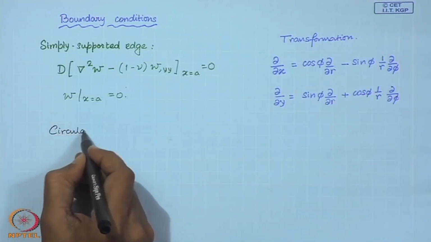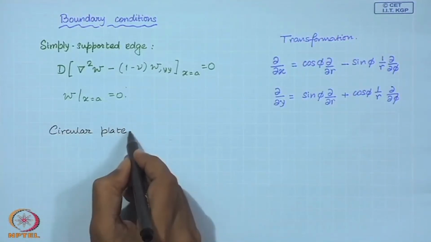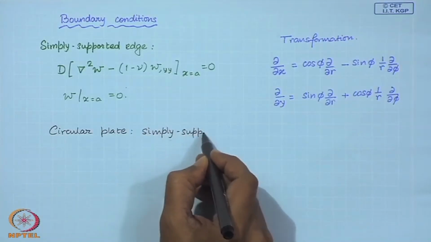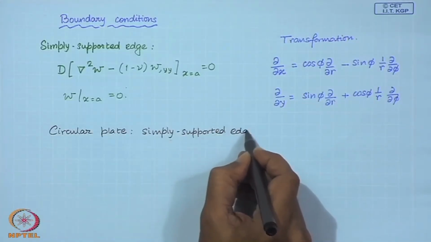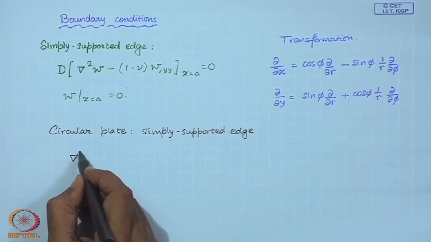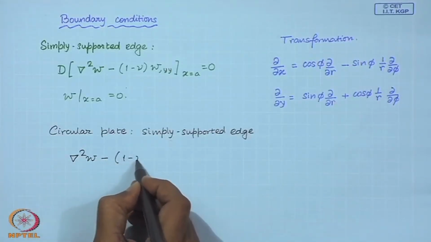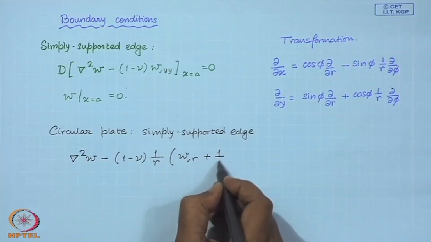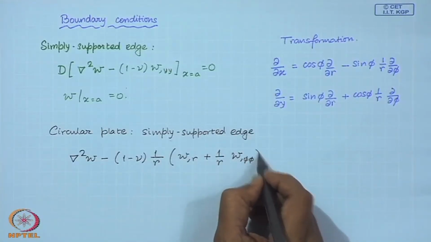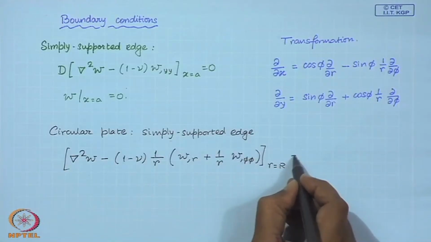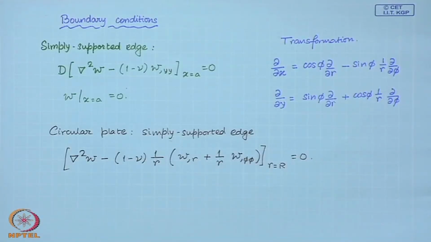the boundary conditions for the circular plate are as follows.